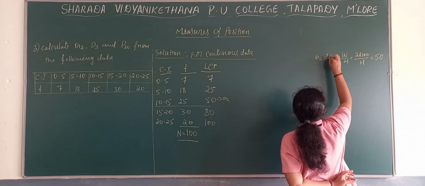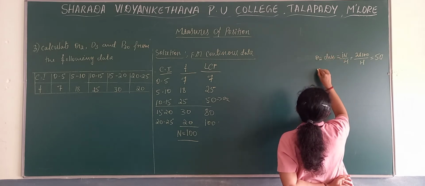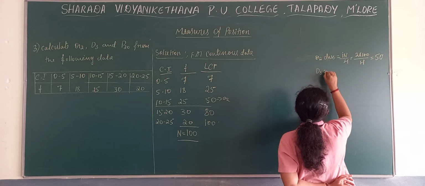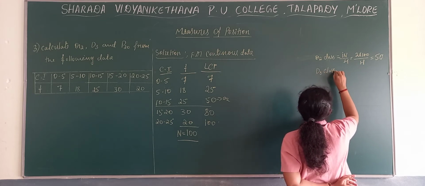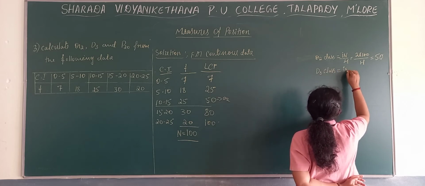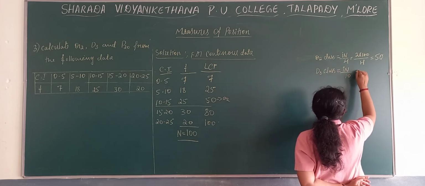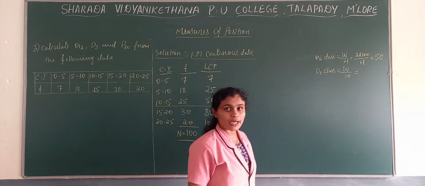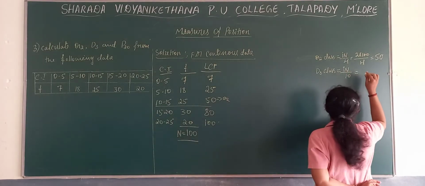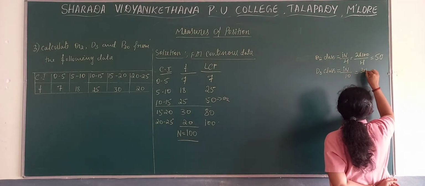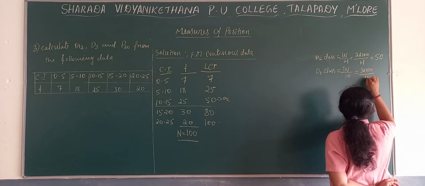Next, the decile, third decile D3 class. So here D3 class, that is also iN by 10. Deciles means divided by 10. So i is 3 into N is 100 by 10.